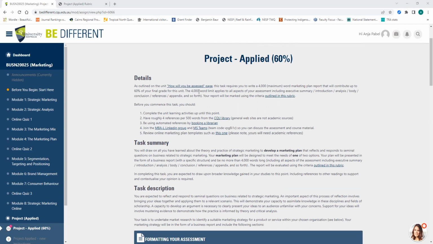So before you actually commence the task, it's a good idea to complete all the learning activities up to this point. As a rough estimation, it's also a good idea to include approximately 4 references per 500 words from the CQ library. So try to include as much peer-reviewed literature as possible.